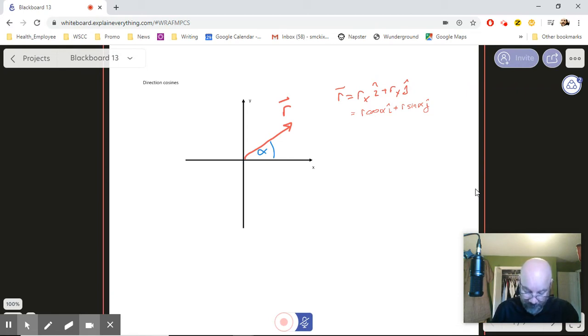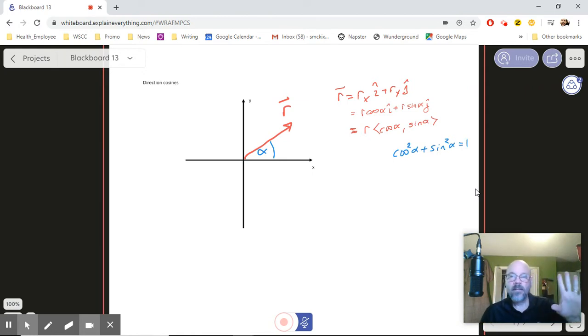Let me shift this just a little bit to this other notation with the brackets, and we can say it's R, which is the length, the magnitude, times cosine alpha, comma, sine alpha. Now, when we do that, we know also that in all cases, cosine squared alpha plus sine squared alpha is equal to 1.